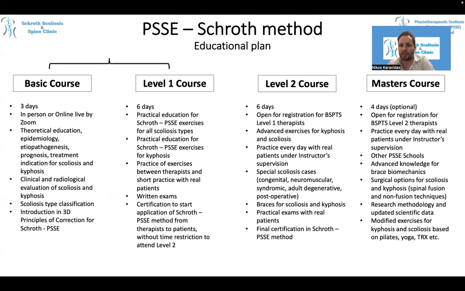So in the master's course, we also have everyday practice with real patients with supervision of the instructor. We have more information about other PSSE schools, advanced knowledge for brace biomechanics, surgical options for scoliosis and kyphosis, spinal fusion and other non-fusion techniques, research methodology and updated scientific data. And we also have some exercises for kyphosis and scoliosis that are based on other techniques like Pilates, yoga, or TRX.